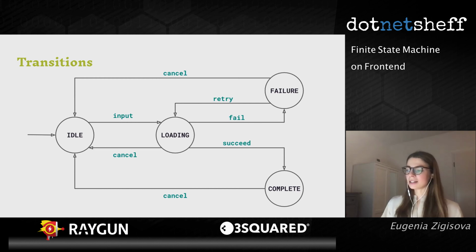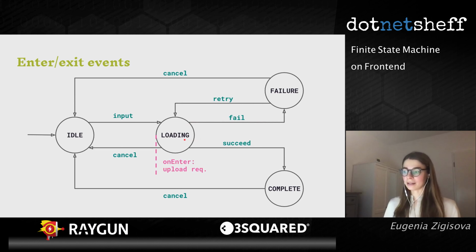But this is already very good, but it's not enough to implement the whole functionality we need. What we need is to trigger the file upload when we enter the loading state. So we can enrich our finite state machine with enter events.